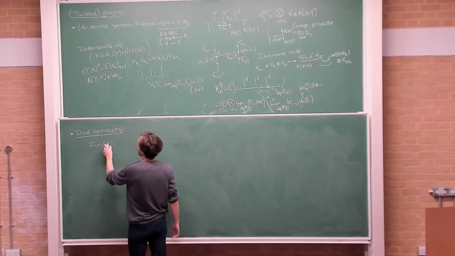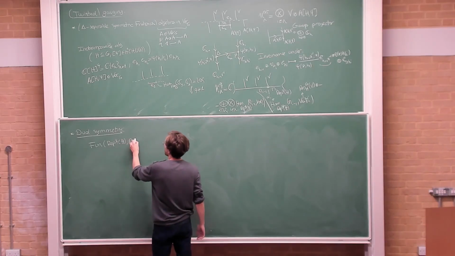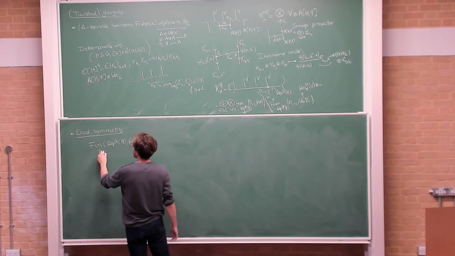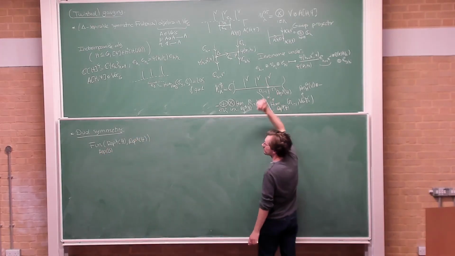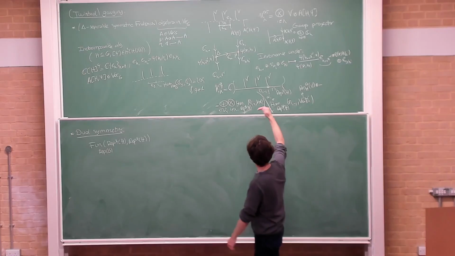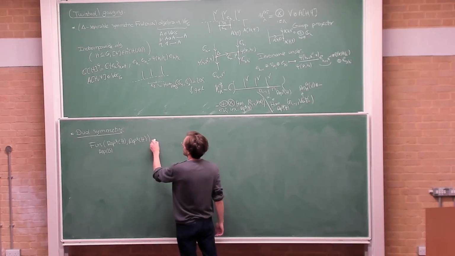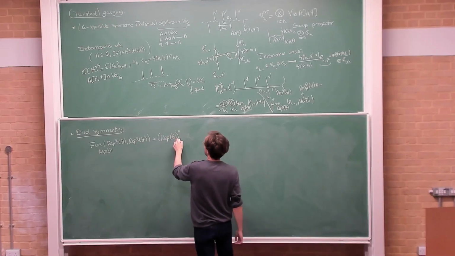It should be a functor from Rep psi H to itself. And again, it should be compatible with the Rep G action, which comes from the fact that we still have our original degrees of freedom here in Rep G that act on these degrees of freedom. And this is what we call the Morita dual of Rep G with respect to Rep psi H.